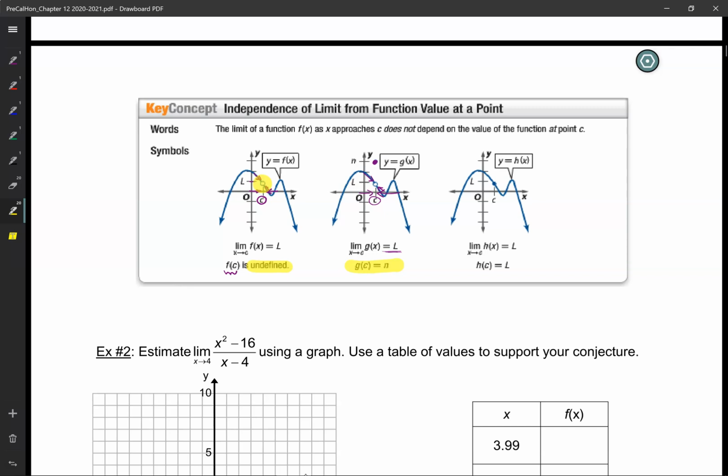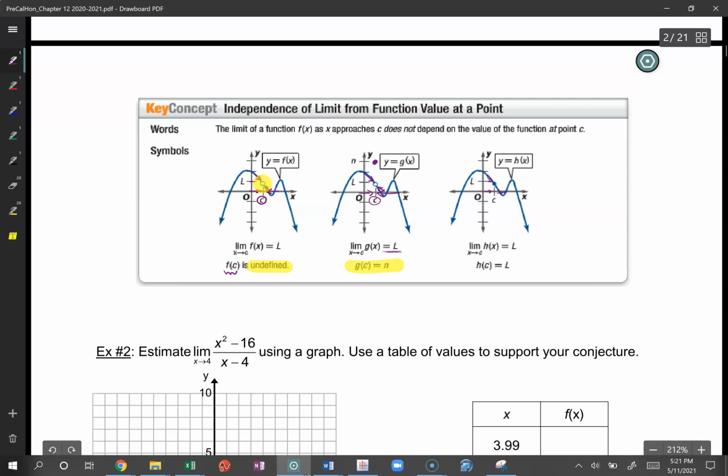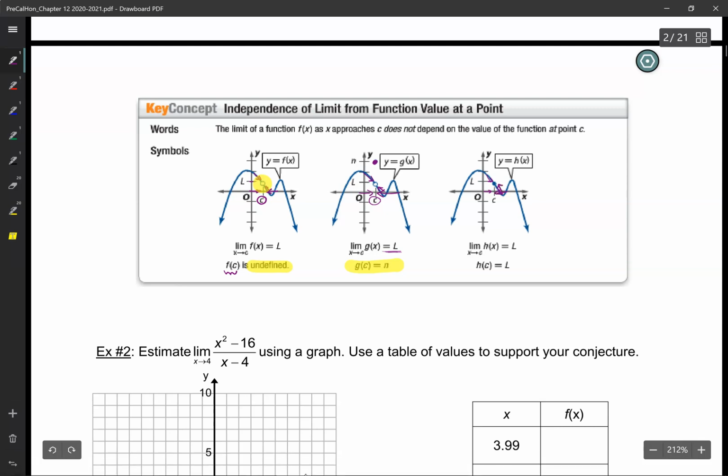And then take a look here. As x approaches c, y value approaches L. So the limit is L. And the actual value of the function is also L. So there are 3 possibilities here.